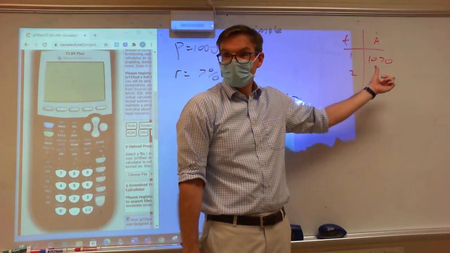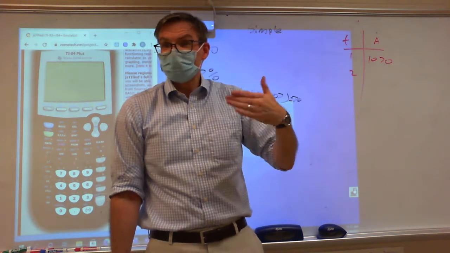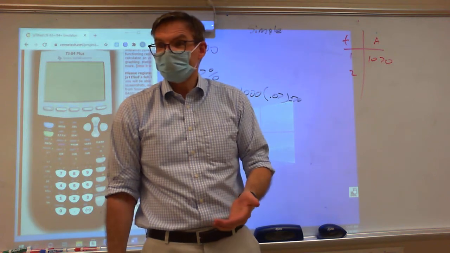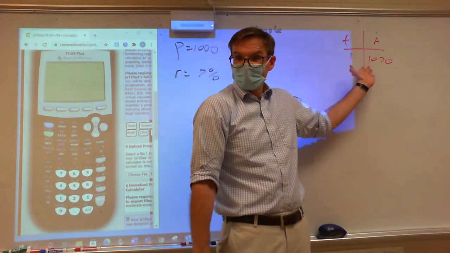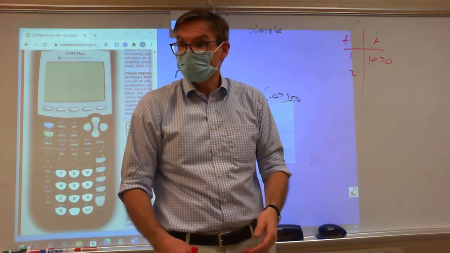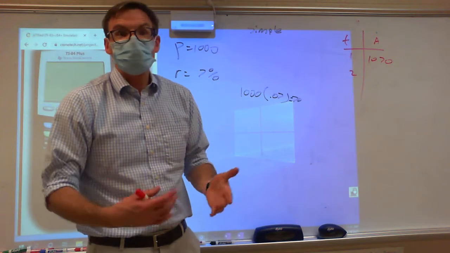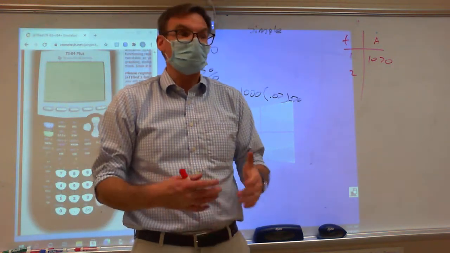Does everybody see that? If we start with 1,000, we know we're going to get $70, right? Are we starting our second year with 1,000? No, we're starting with 1,070, right? So we should get a little more than 70, right? So how do we find out how much interest the bank is going to pay me my second year?